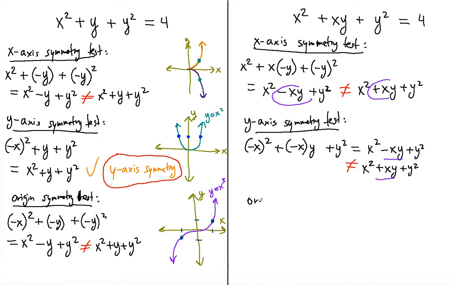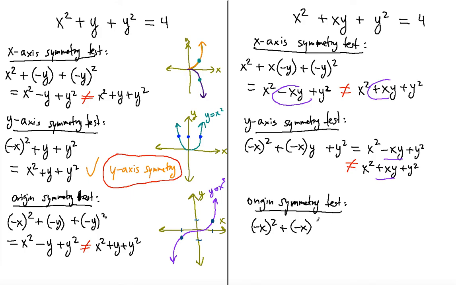Now finally, the origin symmetry. The origin symmetry requires you, once again, like we showed in the previous example, to see if you negate both the x's and the y's, you get the same left side as the original equation showed, right? So minus x squared plus minus x times y.